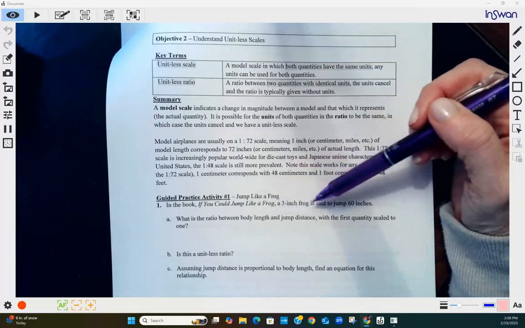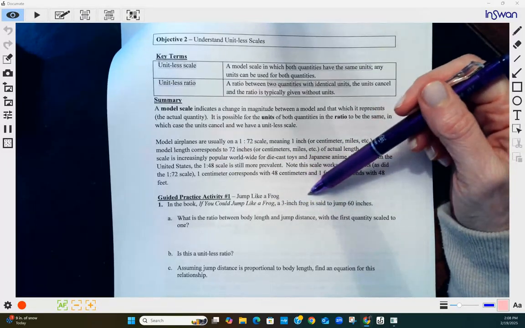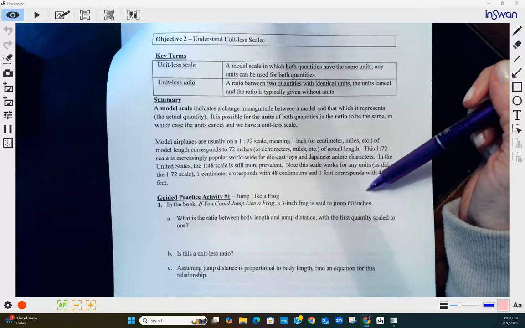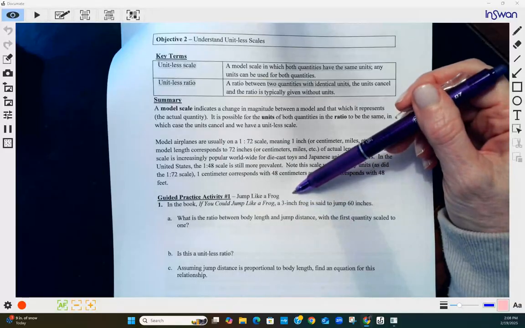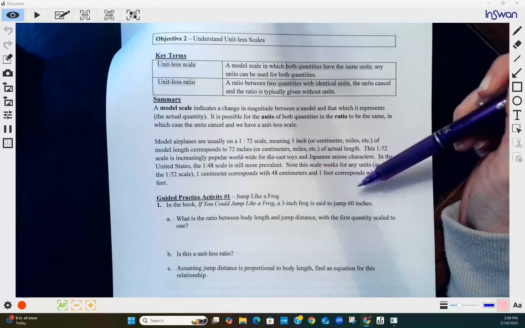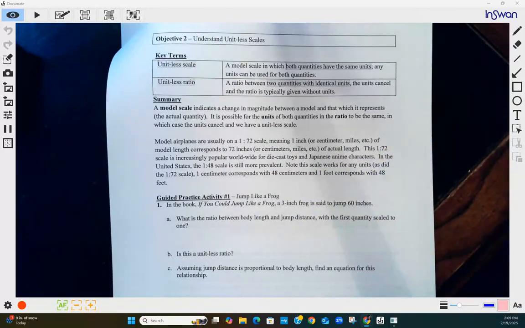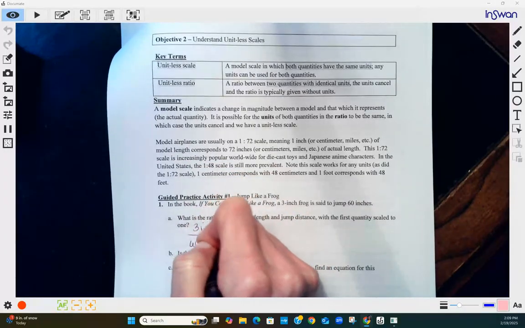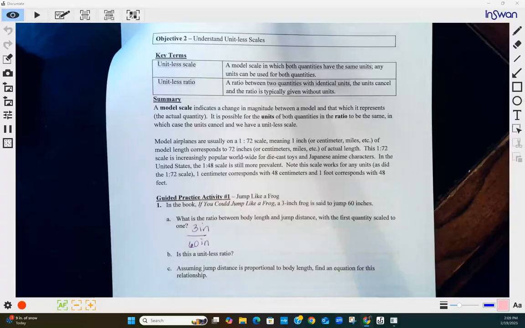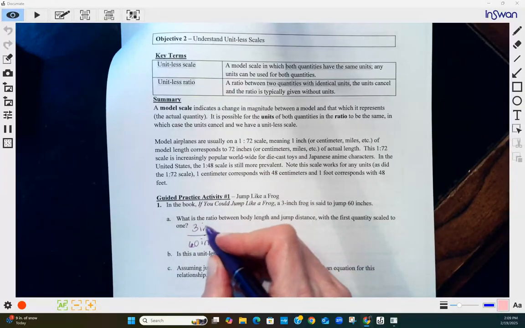Okay, so just using this scenario of a 3-inch frog that is said to be able to jump 60 inches. So the ratio between body length, which is the 3 inches, and the jump distance, which is 60 inches. So 3 inches to 60 inches. And because they have the same unit, then they sort of cancel each other out like in dimensional analysis.